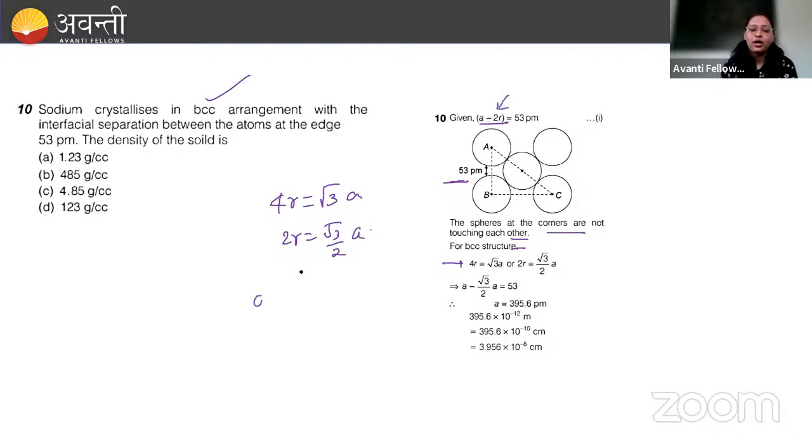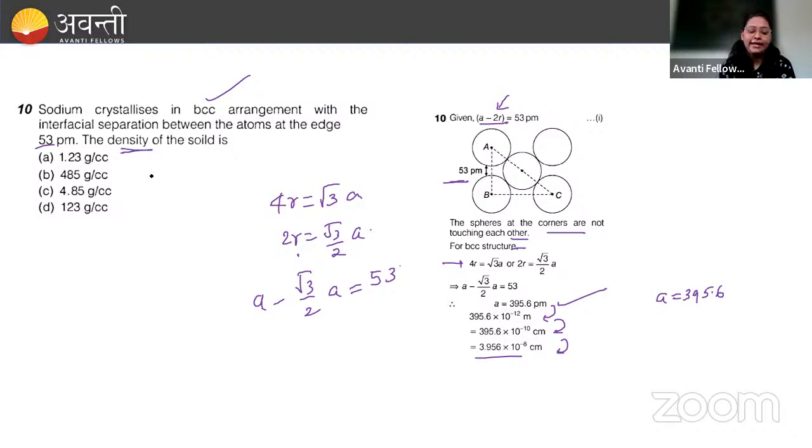A minus 2R is A minus root 3 by 2 A, and that is equal to 53. Just rearrange this and you will get the value of A, which is 395.6 picometer. Convert this into meter or centimeter and match it with the respective A value. So we have got the A value.